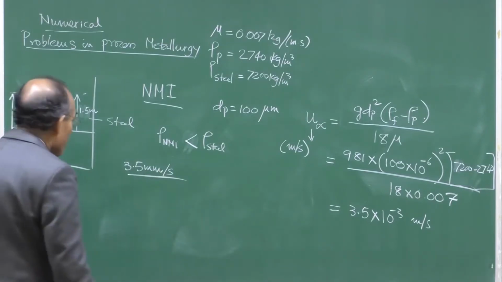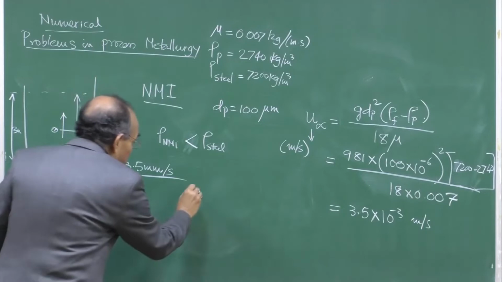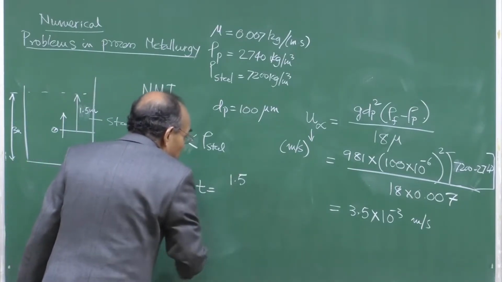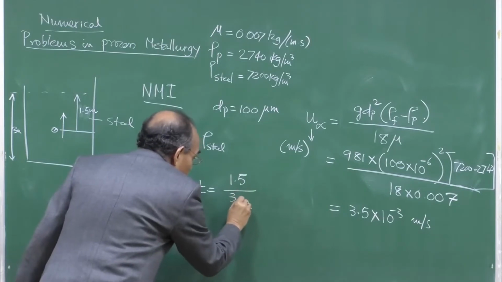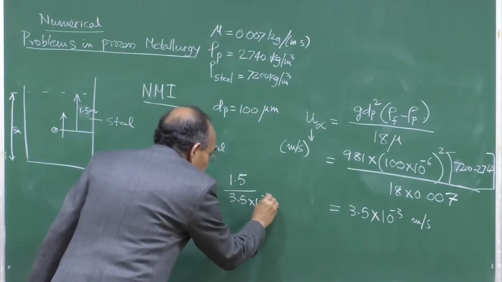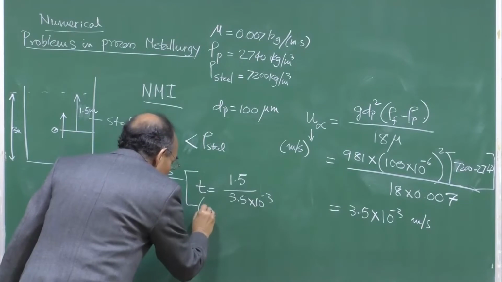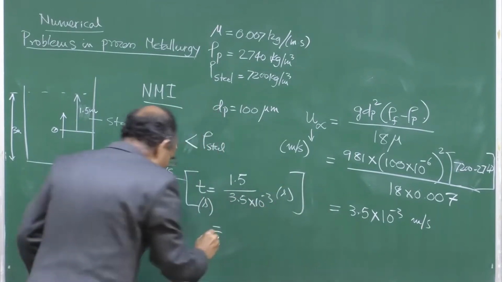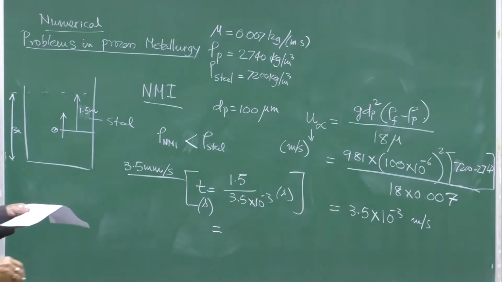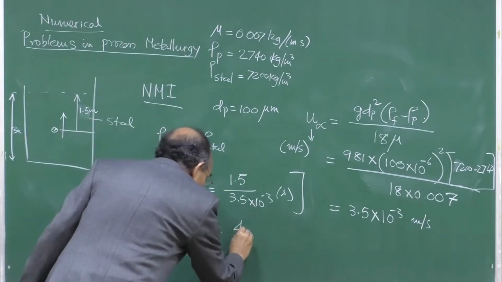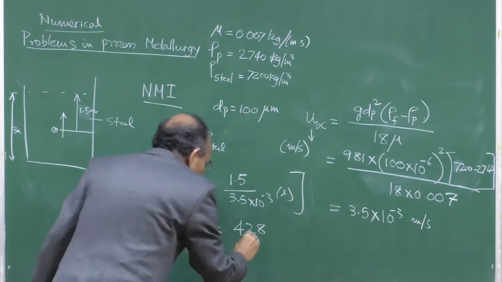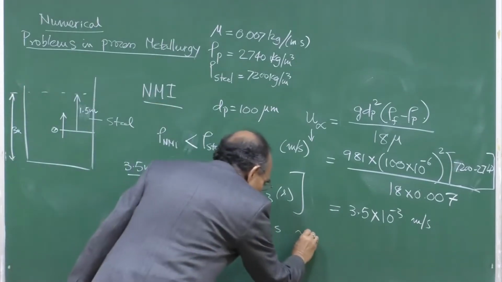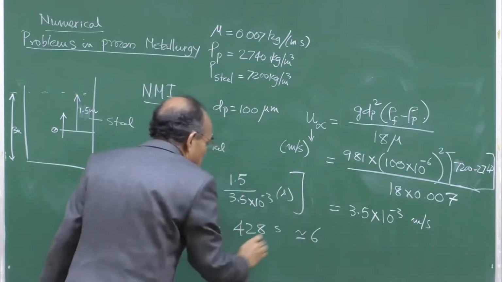Therefore, we can say that the time taken for the particle to rise is going to be 1.5 meters divided by 3.5 into 10 to the power minus 3, in seconds, and this value comes out to be something like 428 seconds, or roughly about 7 minutes.